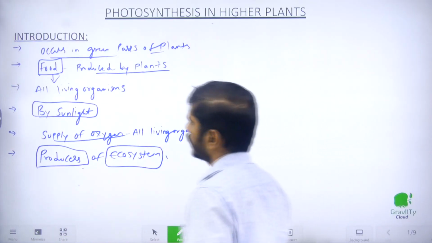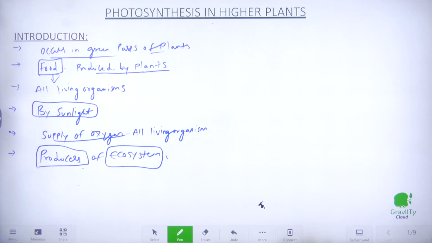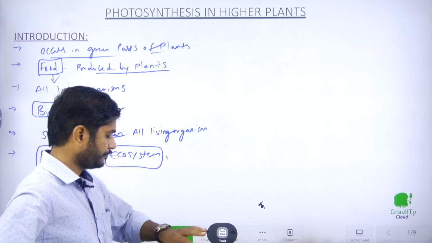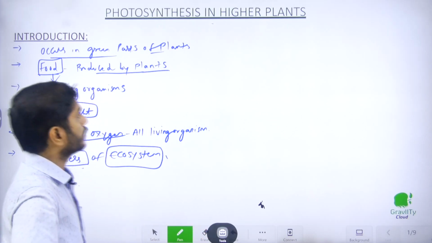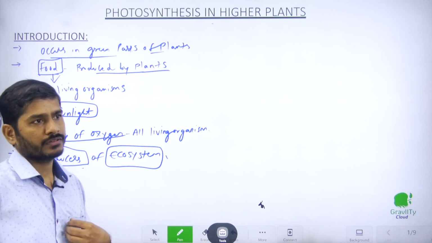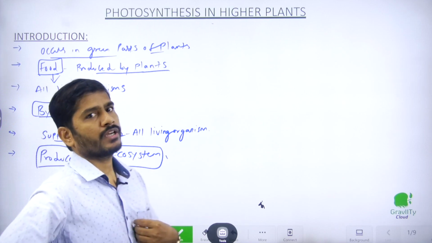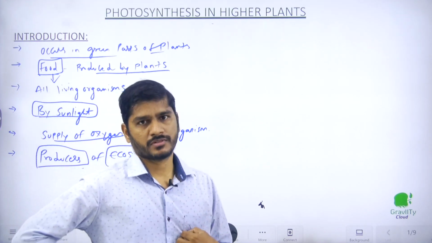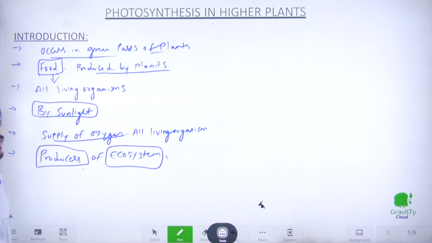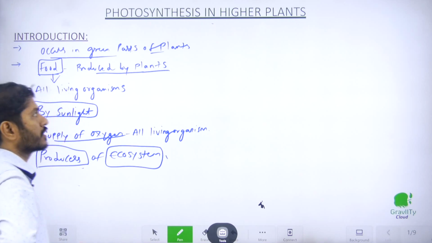Yes, come back to the introduction part here. Basically photosynthesis takes place in the green parts of the plant only, as we all know. Now, for what purpose? Green plants are autotrophic. Initially they produce food for themselves, and then all other biota, all kinds of organisms. Herbivores, and even carnivores, are indirectly dependent upon plants for this.